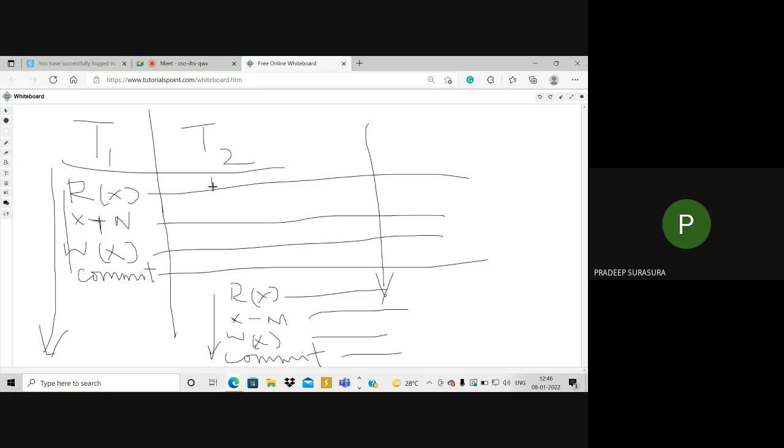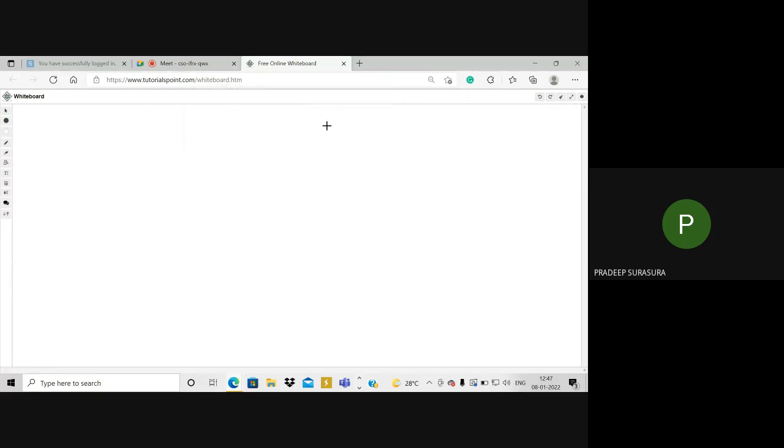If I have read of X here, then the schedule is like I'm doing things simultaneously. First I will try to do this, then I will try to do this. So this is one of your schedules. Hope you guys are understanding. Let me write the problems, each one of them, and what a complete transaction is.